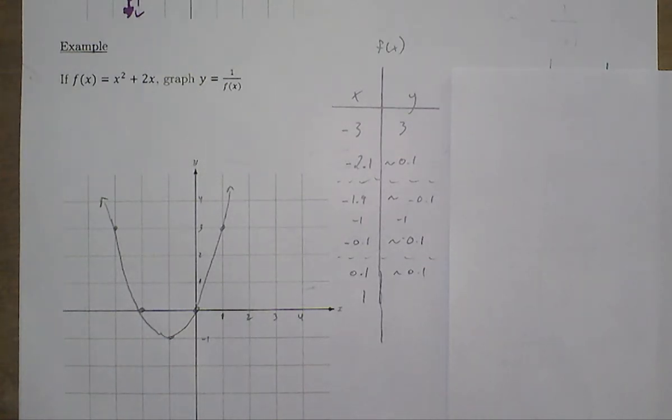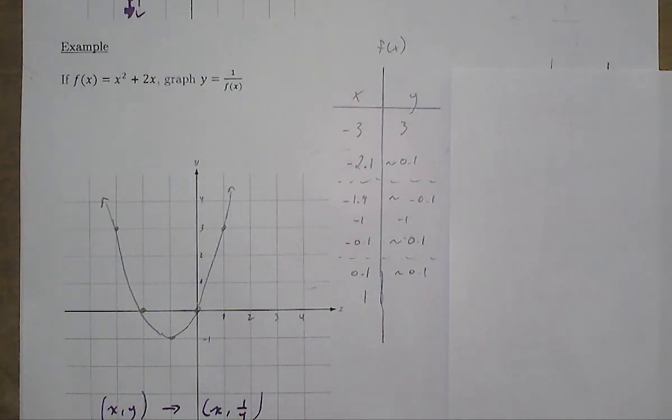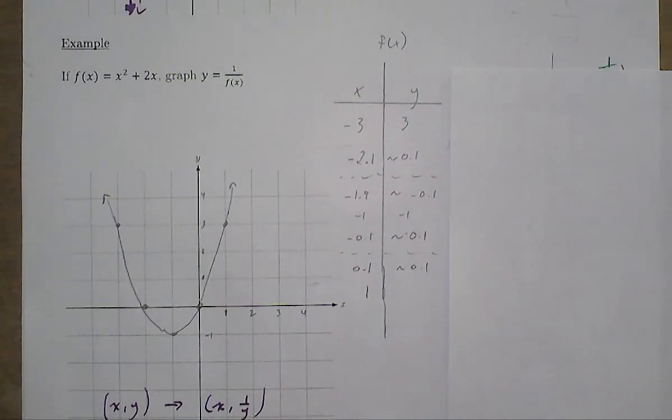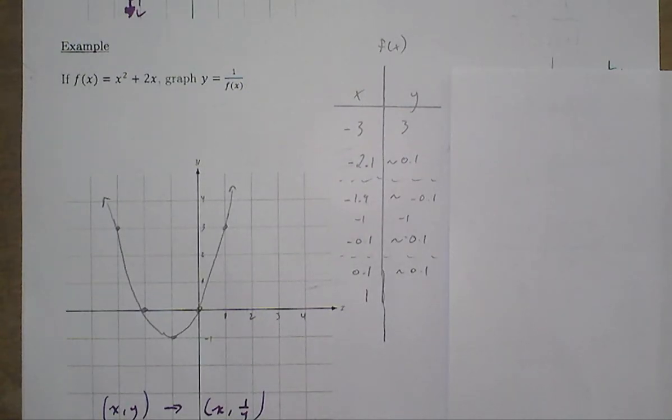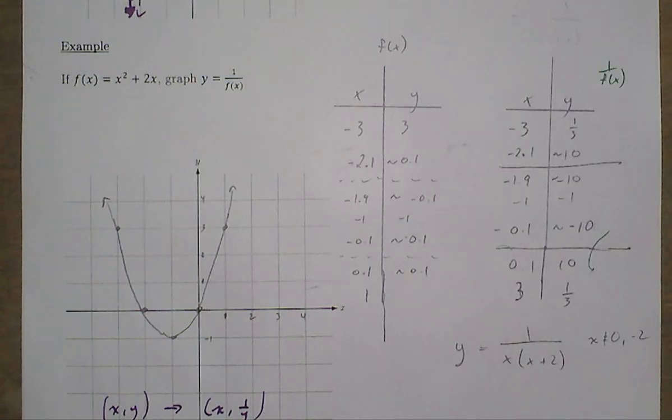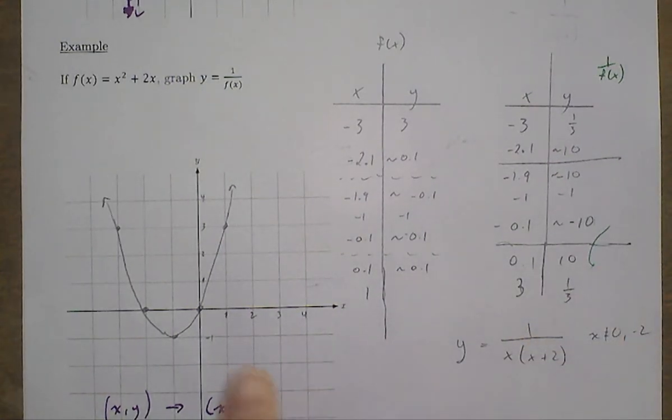I just have to recognize that for every point x, y, when we take the reciprocal transformation, that's what it will look like. So if you want, this is what my transformed table of values looks like. I'm not going to spend any time on this. Instead, I'm going to try to transform it straight from the graph.